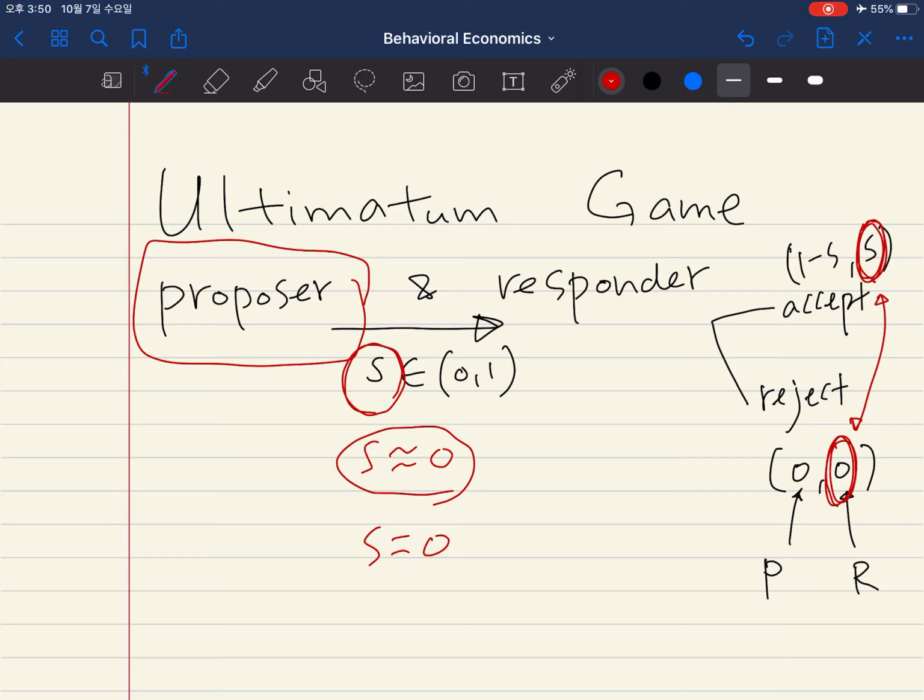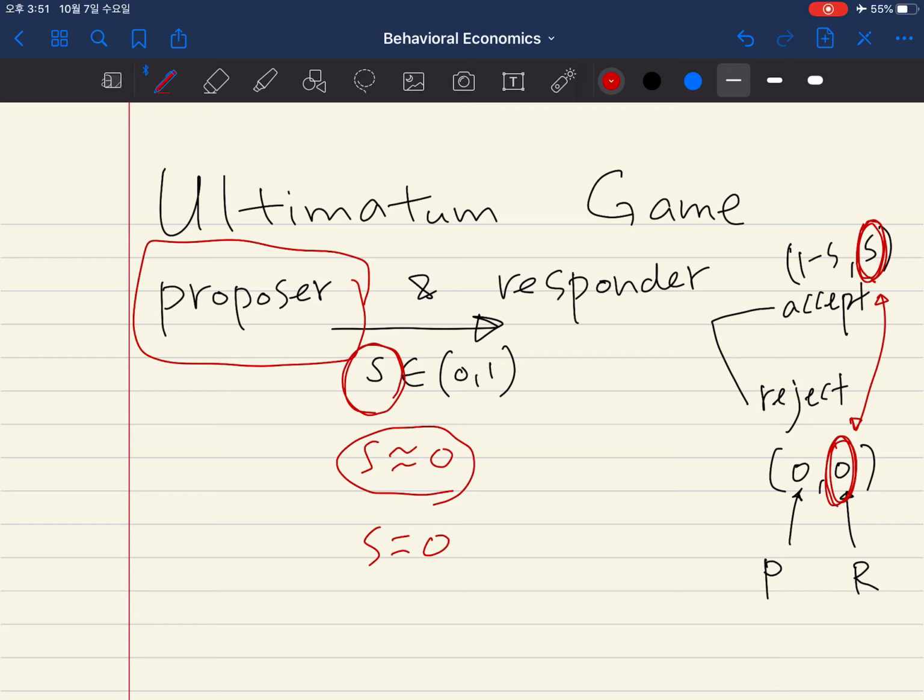Proposer offers almost nothing, and responder accepts. In the end, traditional theory predicts that proposer is going to get everything for himself, and responder is going to get almost nothing. This is the prediction from traditional theory.